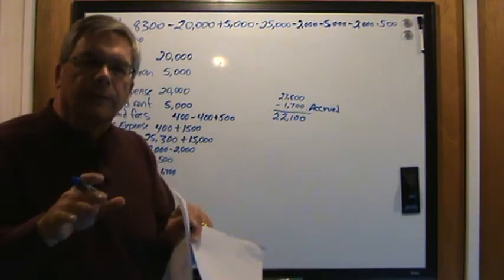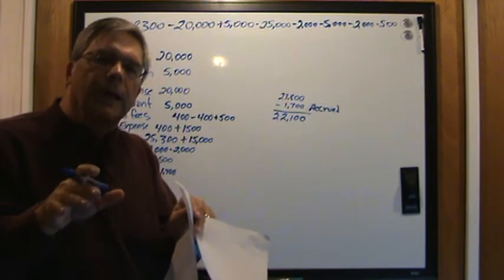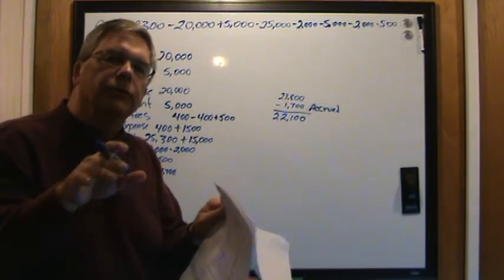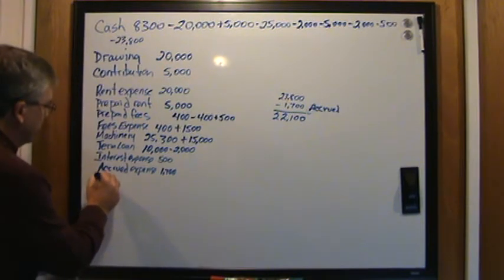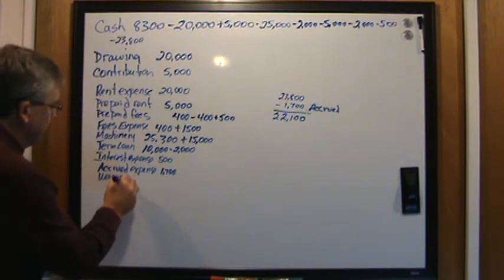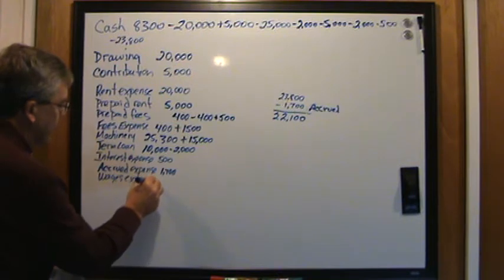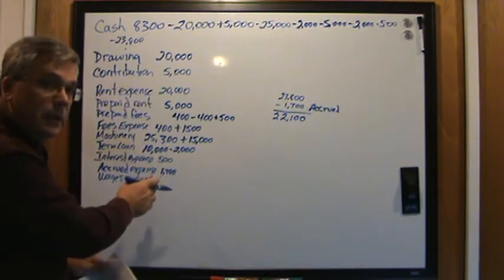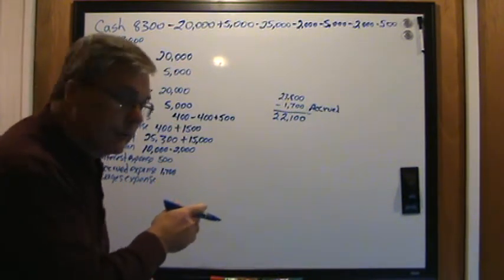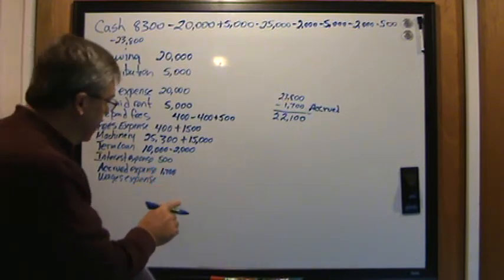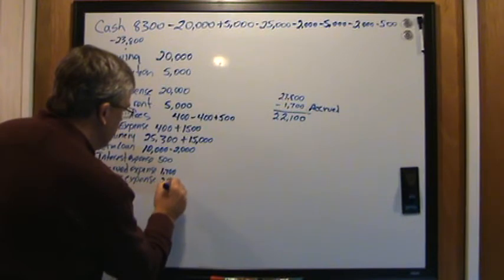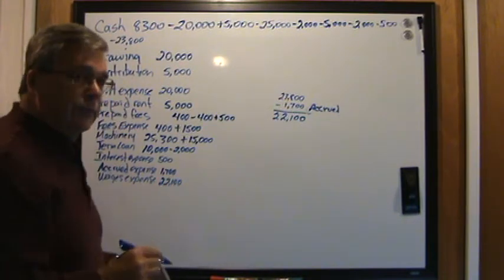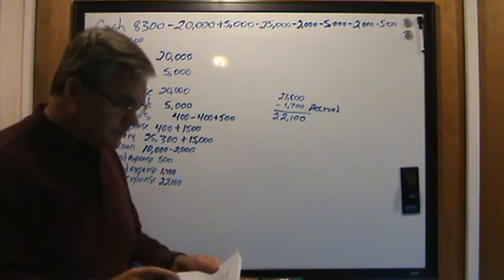That represents the wages that have been paid in cash during the year that we're dealing with. So when we look at wages expense, remember that $1,700 was wages expense last year, so we don't duplicate that again. But this $22,100 is wage expense during the year.